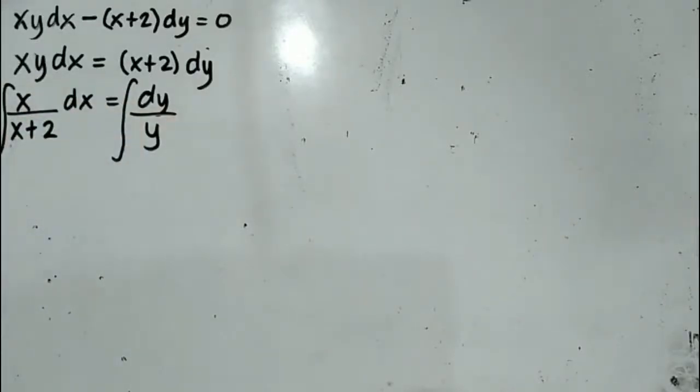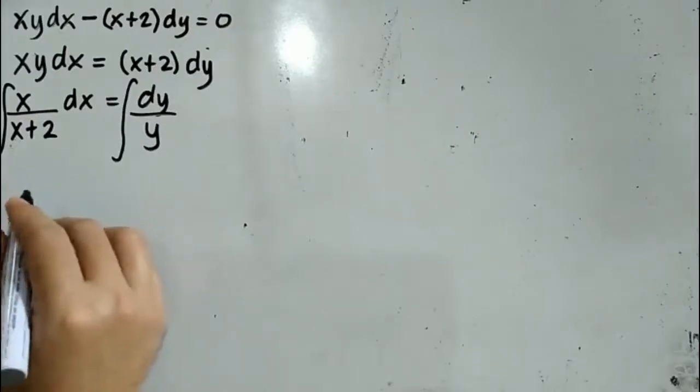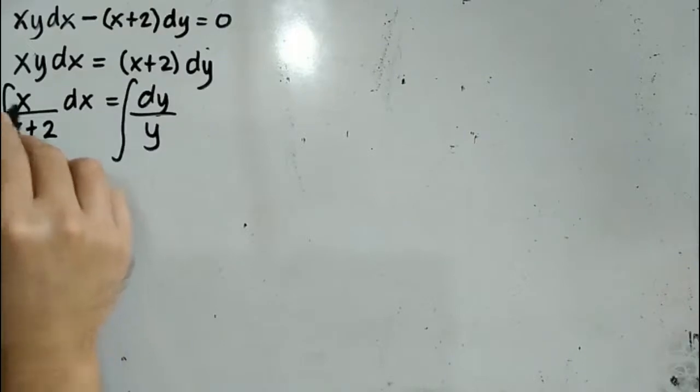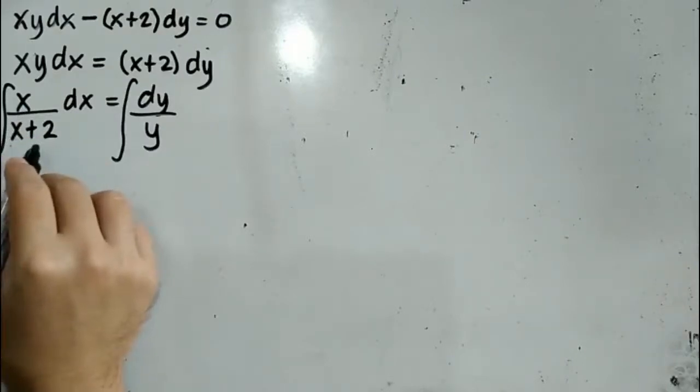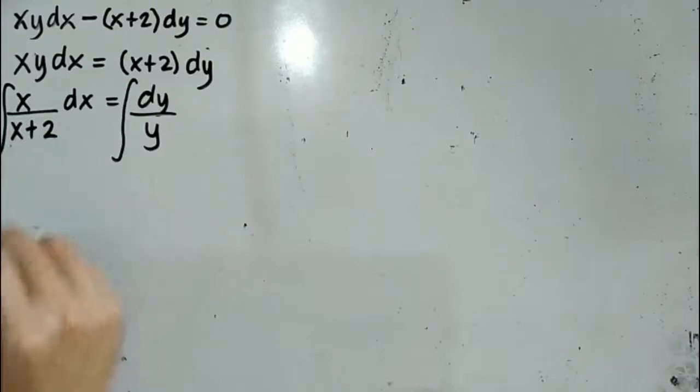However, we can resolve it into a partial fraction, in which case we need to first divide x by x plus 2, because x over x plus 2 simply means x divided by x plus 2.